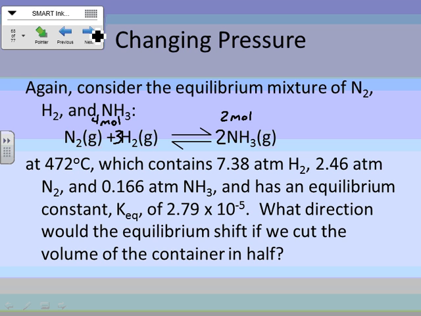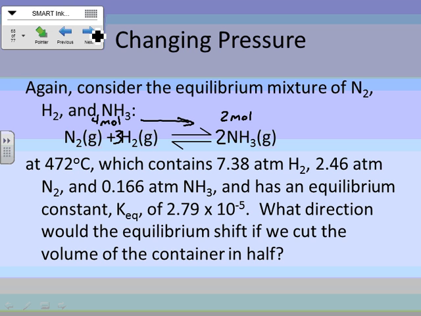Does that make sense? So if we increase the pressure by compressing it, the equilibrium is going to shift this way, because that's going to help reduce the pressure of the system a little bit, since we only have 2 moles of gas on the right side.